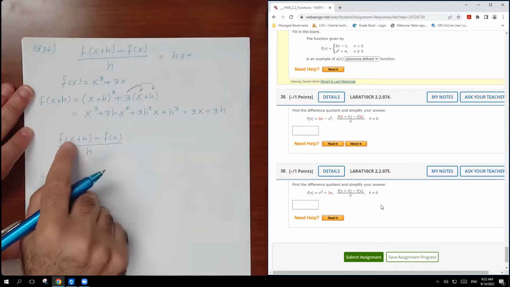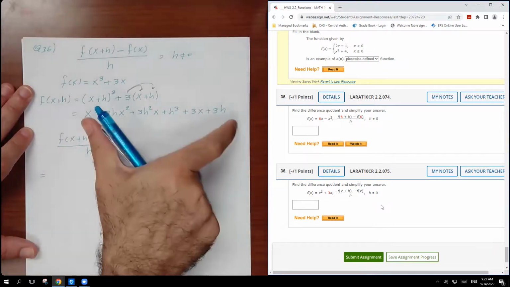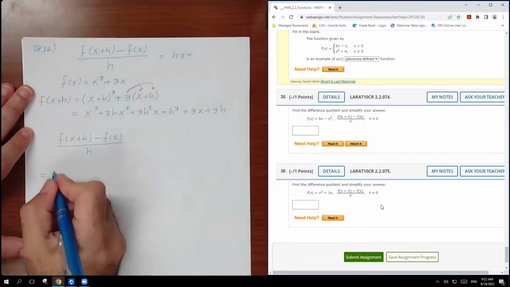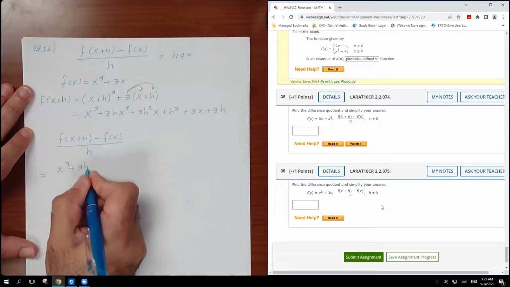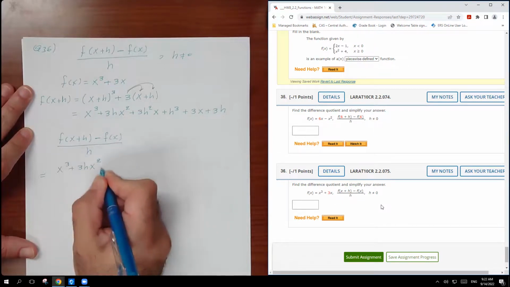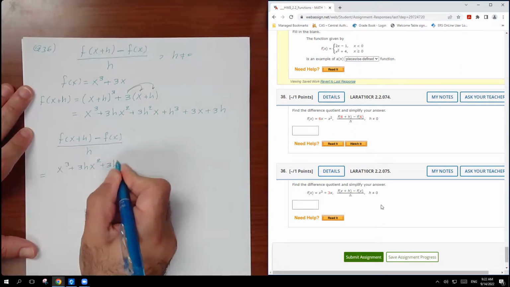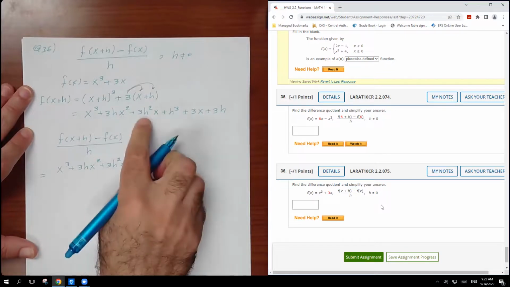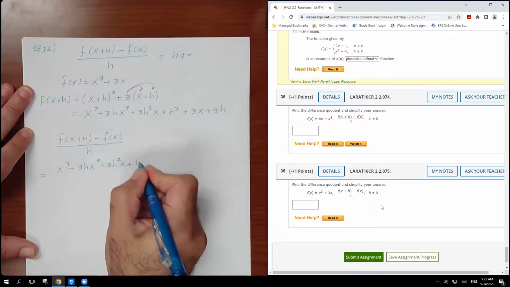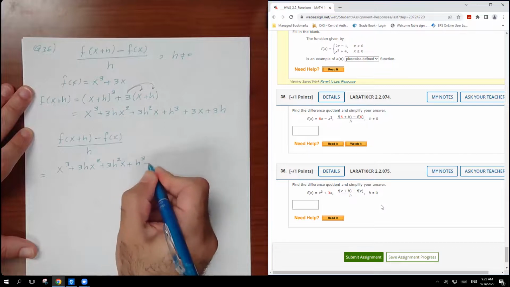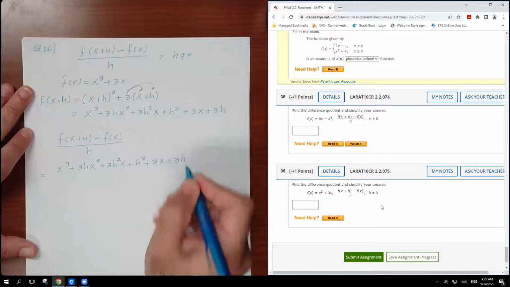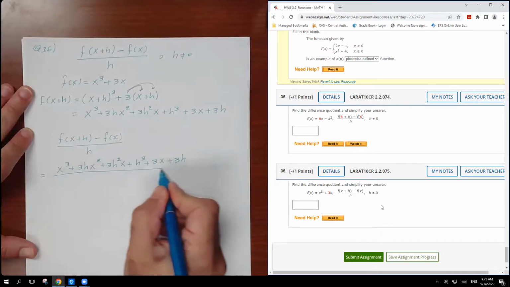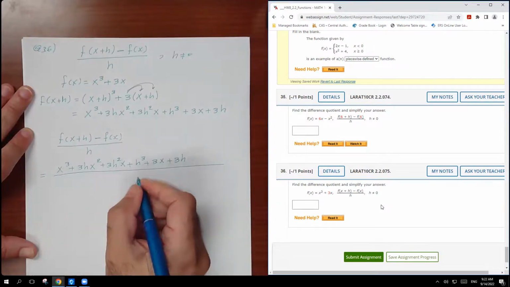f of x plus h. The first part is going to be the whole thing here. That means it's going to be x cubed plus 3hx squared plus 3h squared x plus h cubed plus 3x plus 3h over h.